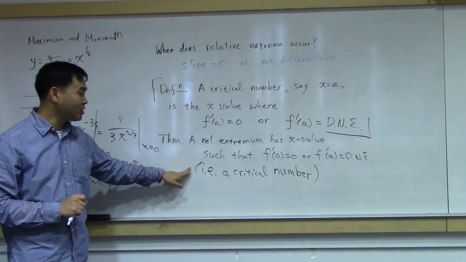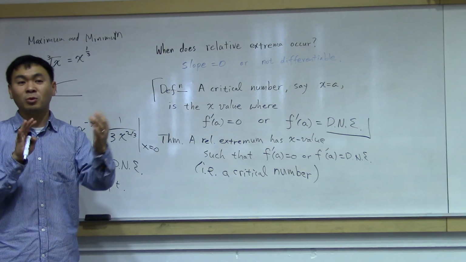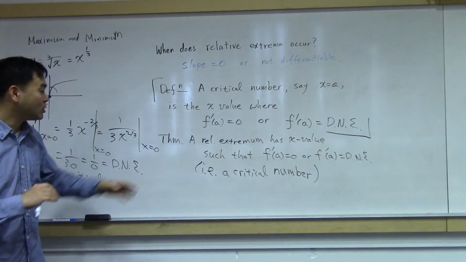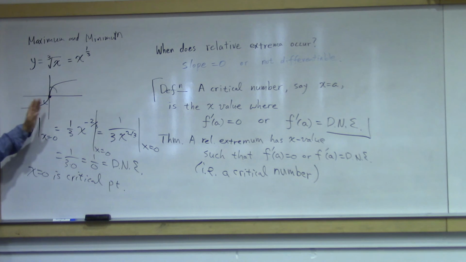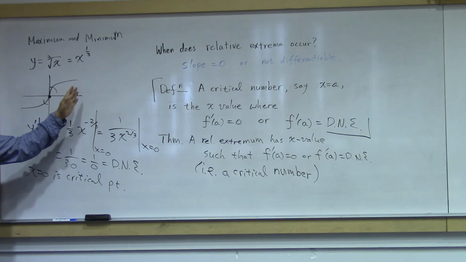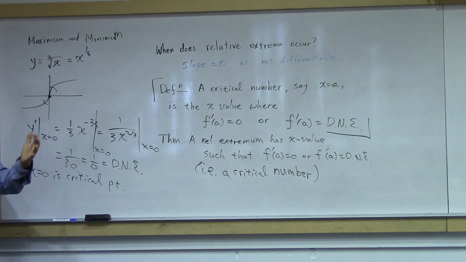So the critical number is a great way to reduce the points that you have to consider. Okay? If we didn't know about the critical numbers, then anything could be a suspect, right? But by only looking at critical numbers, that reduces the number of suspects where we can really find the true relative max or relative min.